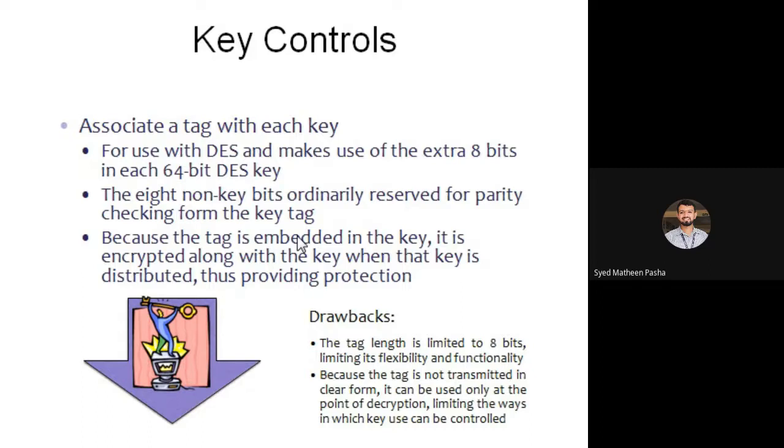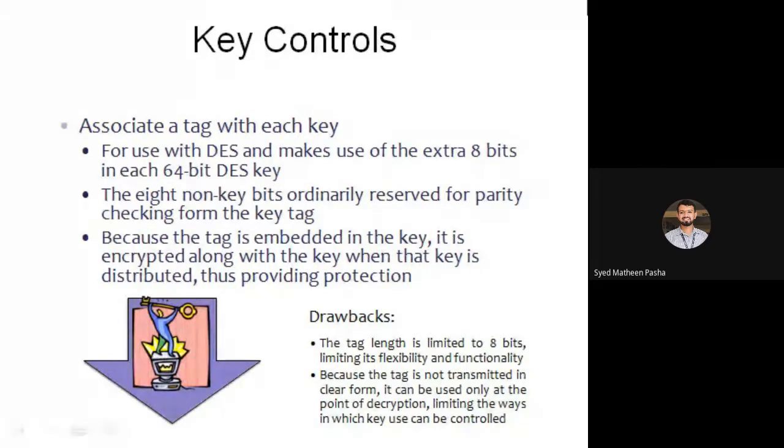Whenever you want the key, you can use the key and provide a distributed format for that particular key. That is, you can distribute the key throughout the model. If you are distributing the same key with the tag throughout the model, a huge amount of security as well as protection is involved there.